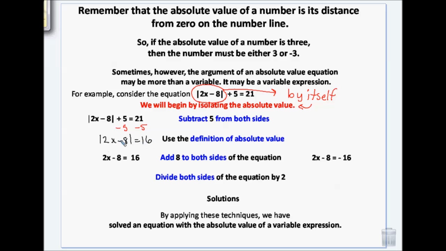And once I have that alone, whatever is in the absolute value, if I plug a 16 in here, it would be 16. If I plug negative 16 in here, it would still be 16. So now what I have to do is I have to split the equation.